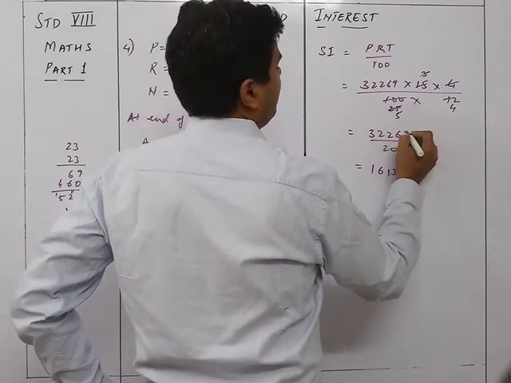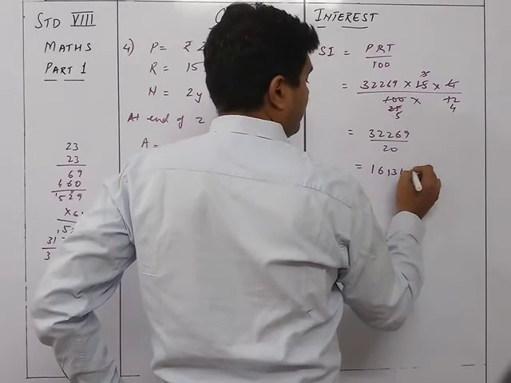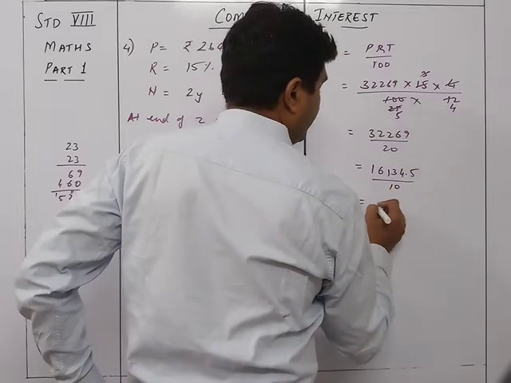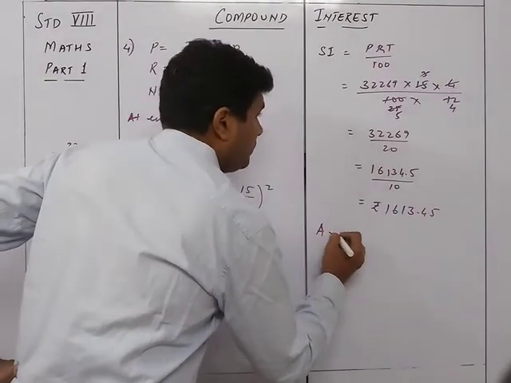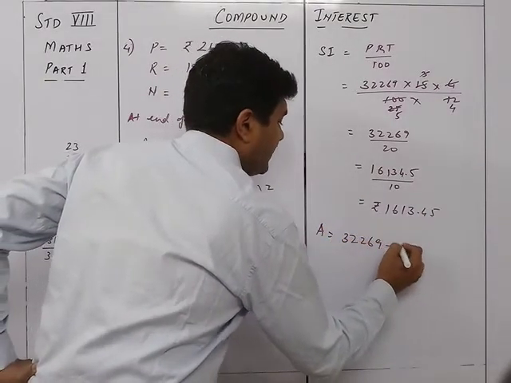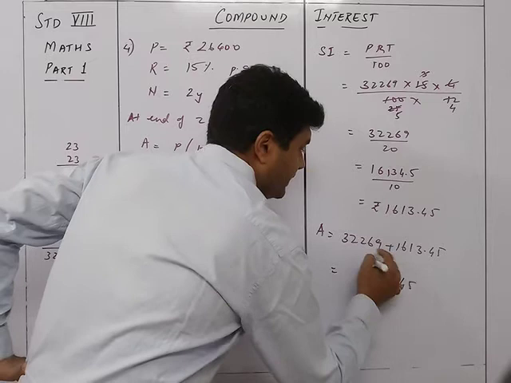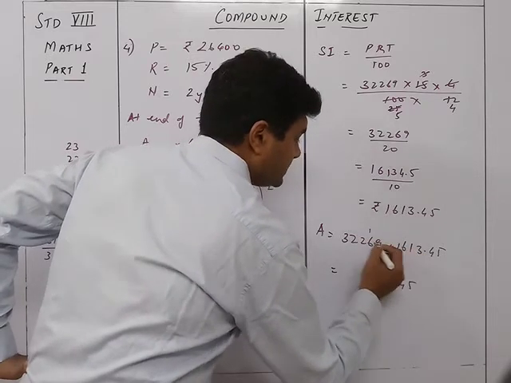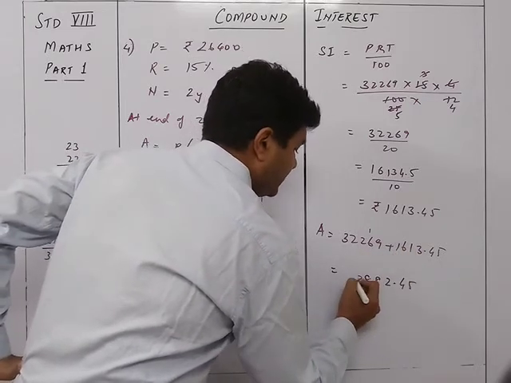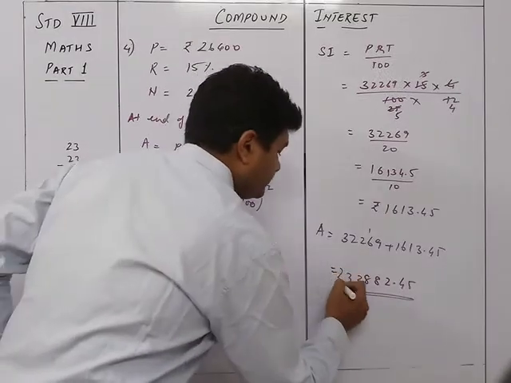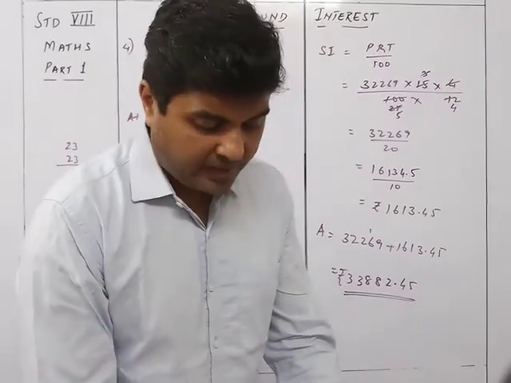So that will be equal to rupees 1613.45. Therefore, the amount will be equal to 32269 plus 1613.45, which is 33882.45, the amount she will need to pay.